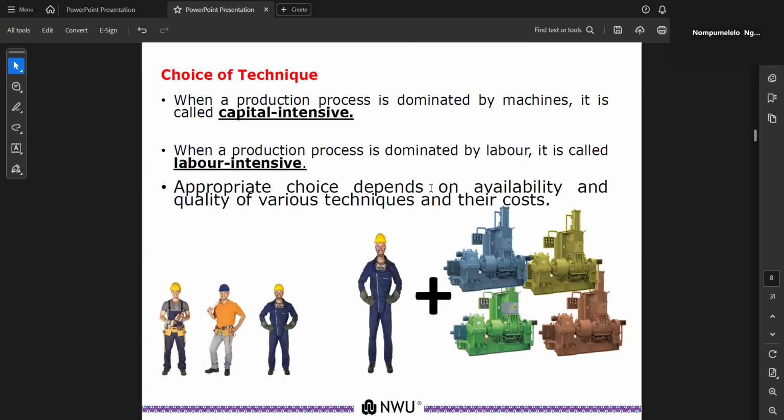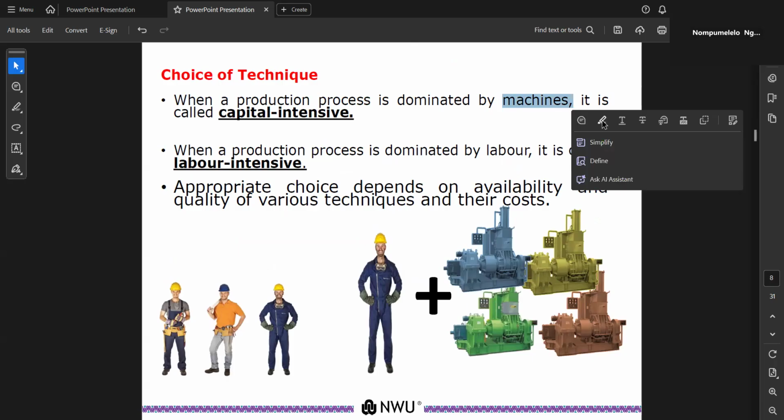And then choice of techniques. This is also not on the learning outcome, but I'll just do it. Capital intensive is when the production process is dominated by machines. So when a production process is dominated by machines, we say that it is capital intensive.